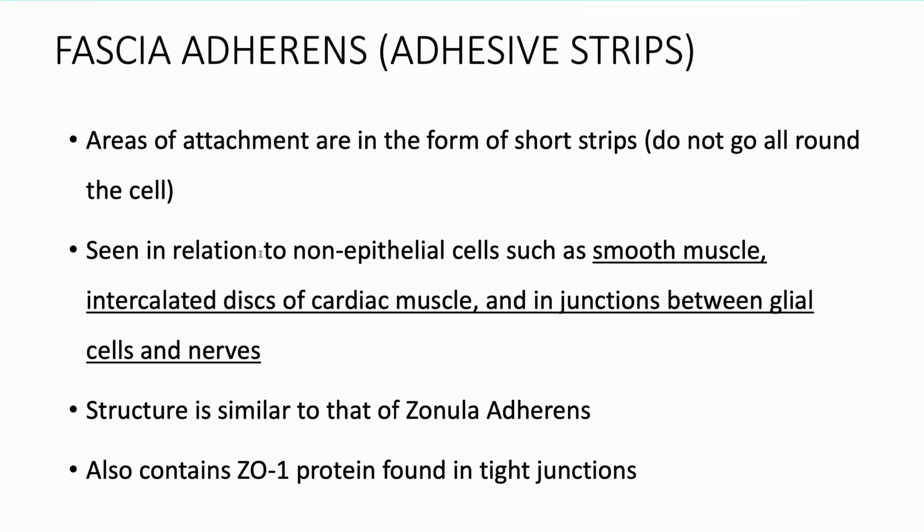It is mainly present in non-epithelial cells such as smooth muscle, intercalated discs of cardiac muscle, and in junctions between glial cells and nerves. The structure is almost similar to that of zonula adherens, and it also contains zonula occludens 1 protein found in tight junctions, that is ZO1 protein.